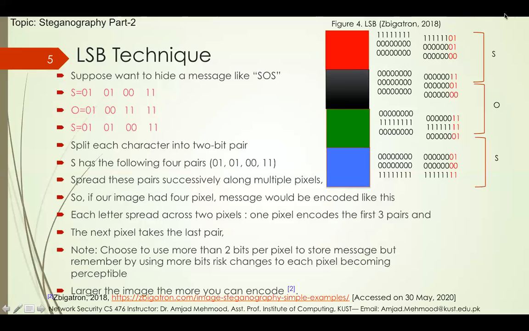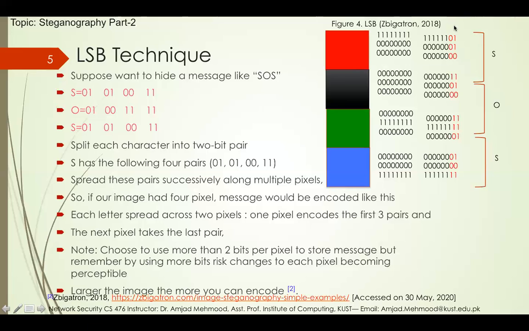For example, we have encoded 01, 01, 00 and 11 in the next pixel, and so on. This way we encode all our characters in the pixels and then send them to the intended receiver.